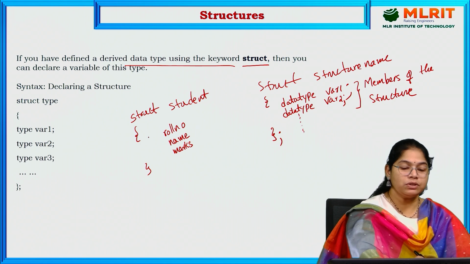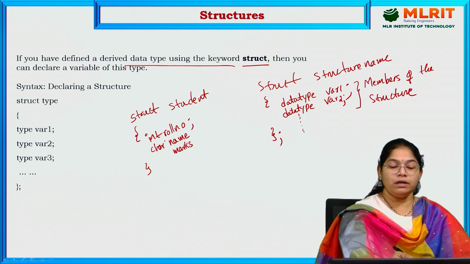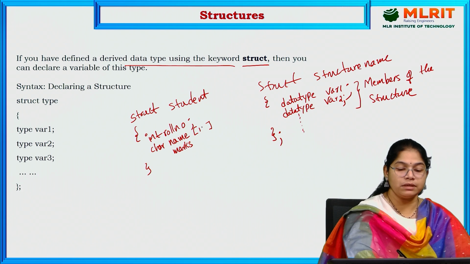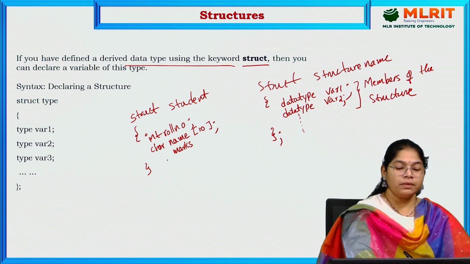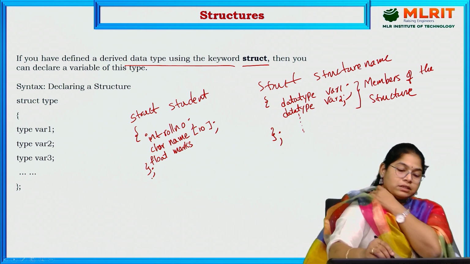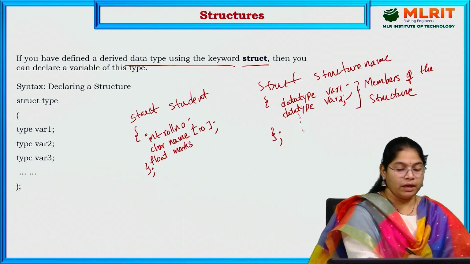Roll number is of type integer, name is of type character, and not only that, it is an array of characters, or we can say a character array, that means it becomes a string. Then marks is of type float, ending with a semicolon.